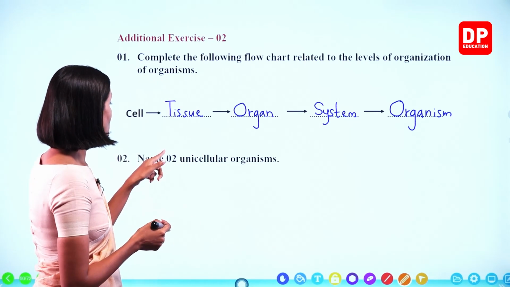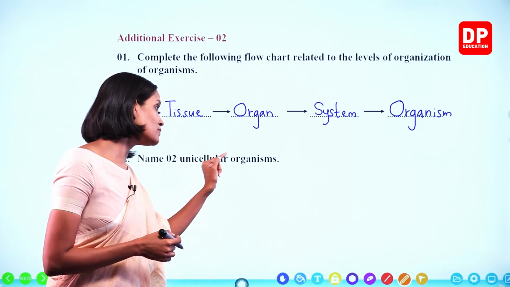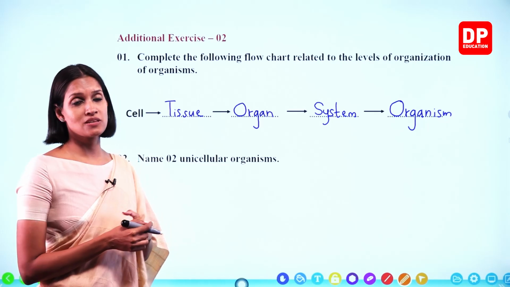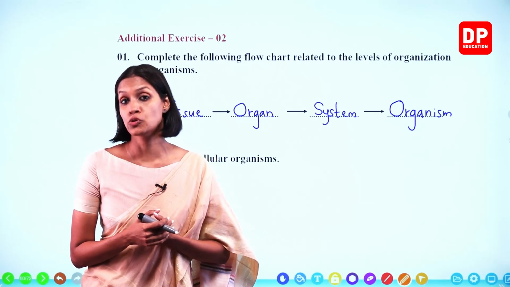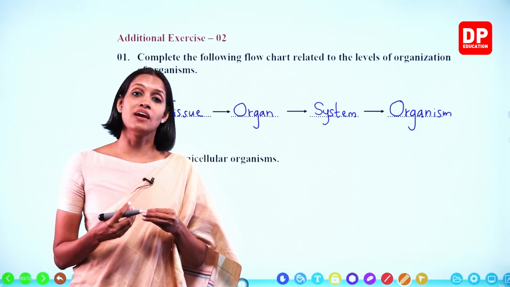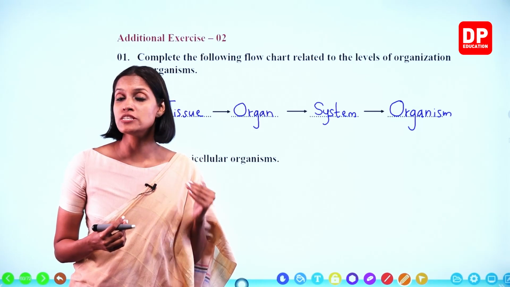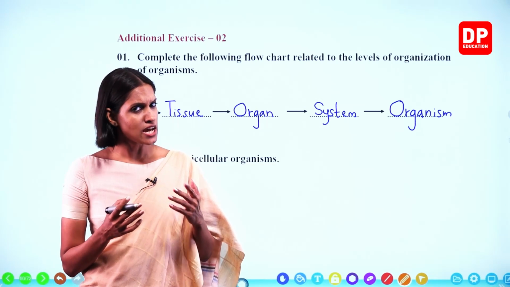Next one, name 2 unicellular organisms. What is the meaning of unicellular? Single-celled organism. So we learned that when we consider the organisms or the living beings, some living beings are present as a simple or single cell. Those are known as unicellular organisms. What are the examples?